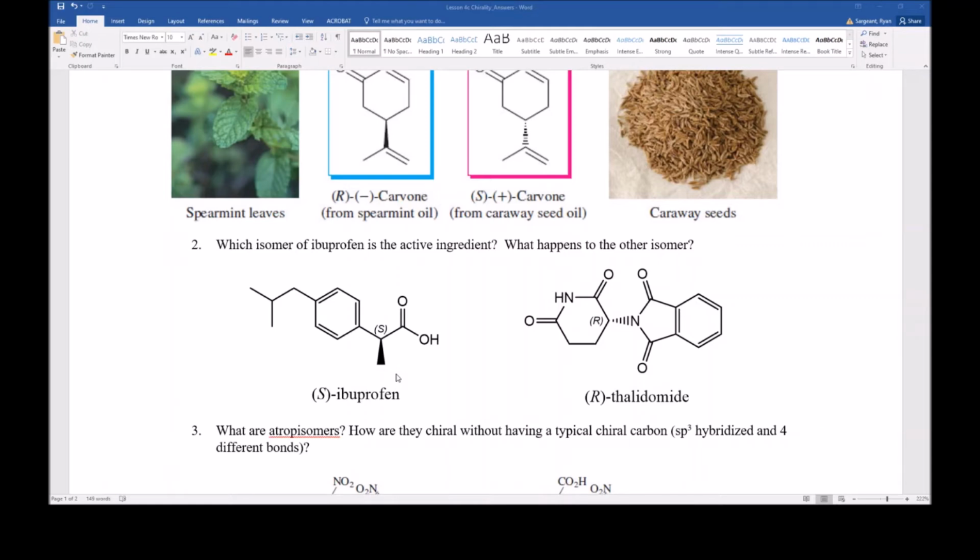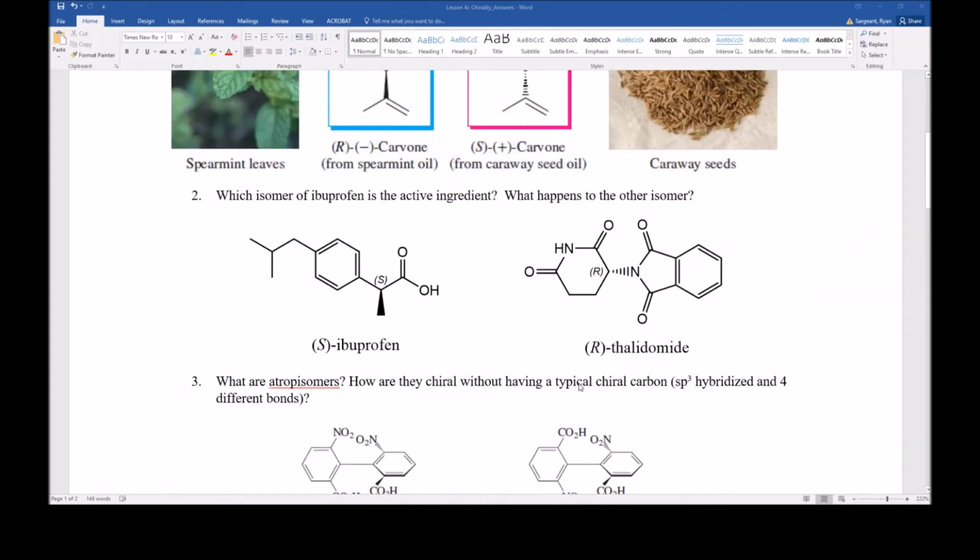But if the other enantiomer is problematic, as in the case of our thalidomide, then unfortunately there are a number of enzymes that kind of operate inside of the human body that will invert these stereocenters. And even if you try to give somebody a pure dosage of one enantiomer, they're going to be exposed to the other enantiomer. It's almost inevitable.